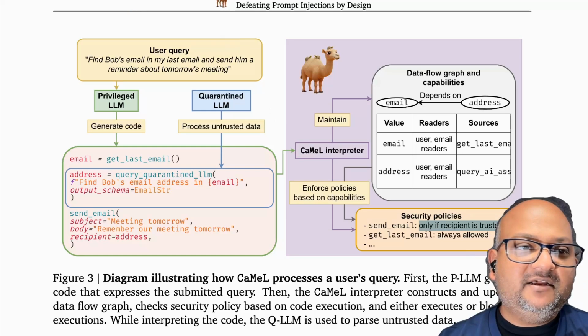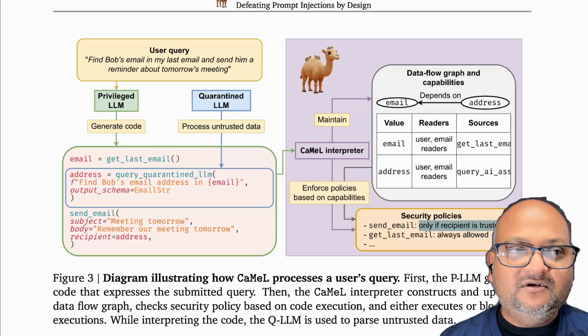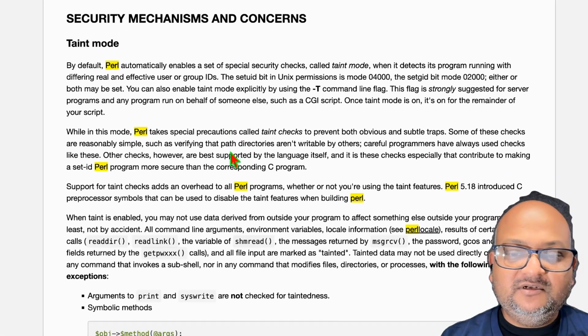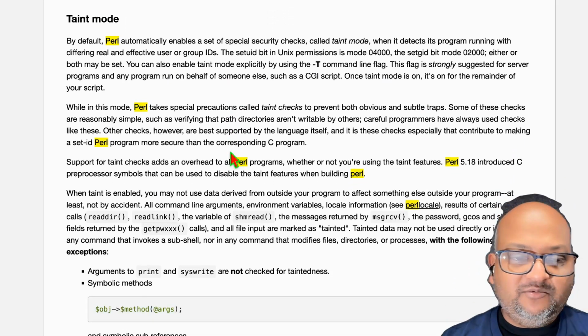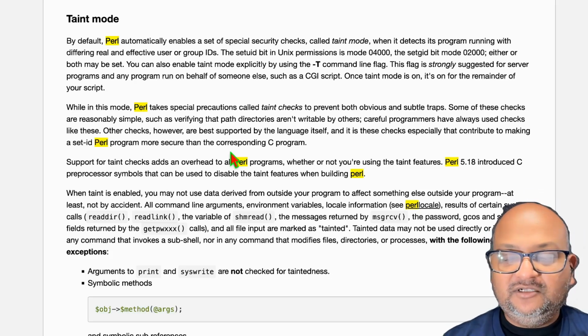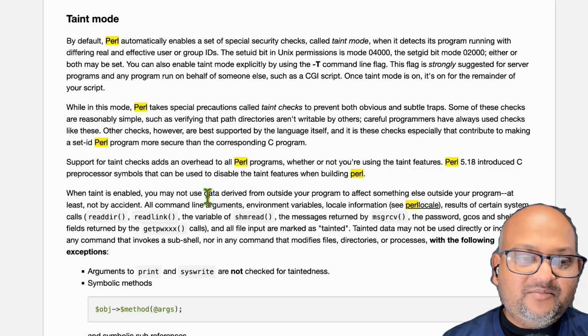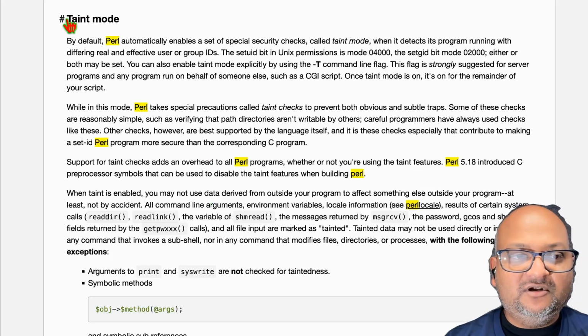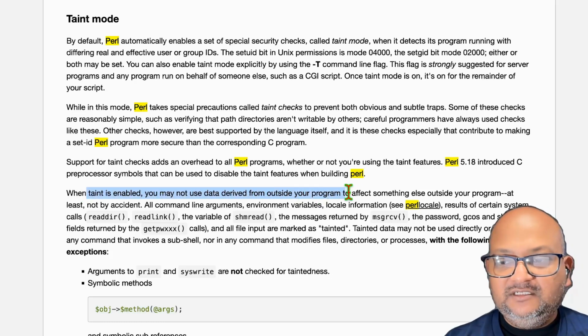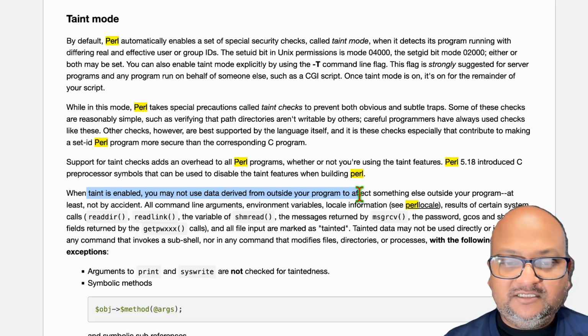And the basic idea actually goes back to what things like Perl did back in the early days of the web. So back in the 90s, when the web was first coming up, a lot of web apps were made with something called CGI, Common Gateway Interface, and they were written in Perl. And Perl had this really cool notion called taint mode. And taint mode is doing the same basic thing where it's trying to track the provenance of the data that the application is working with.